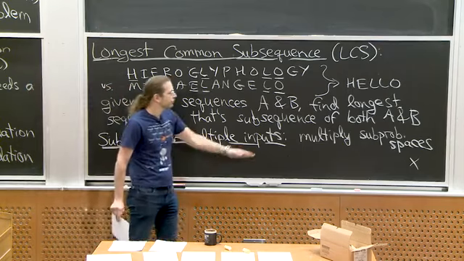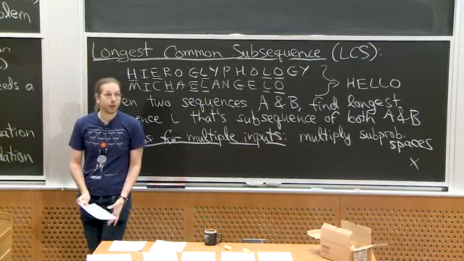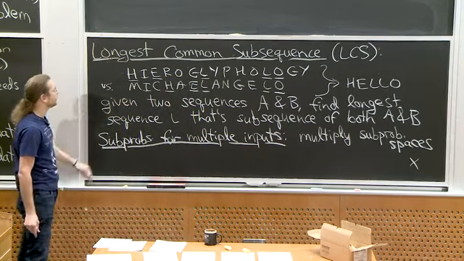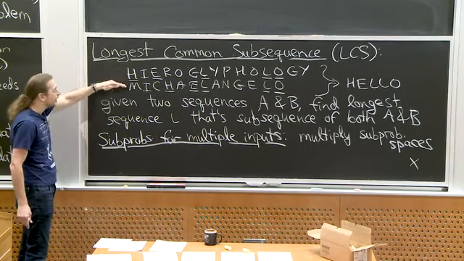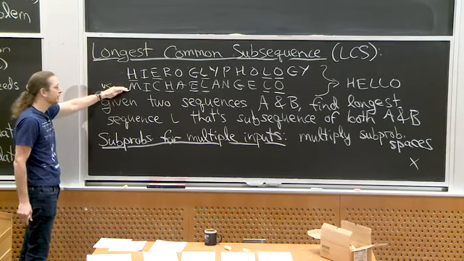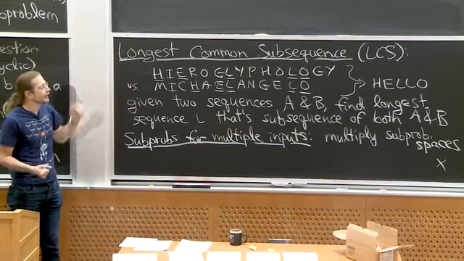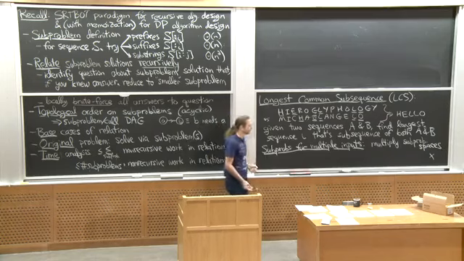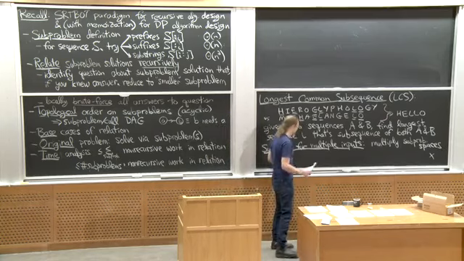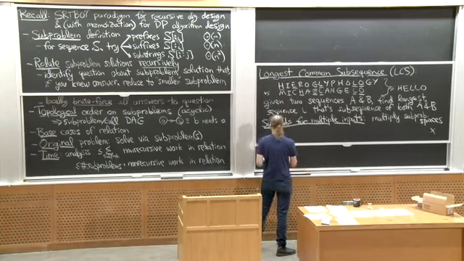And then I want to multiply these spaces, meaning the number of subproblems is going to be the product of the number of suffixes here times the number of suffixes here. In other words, every subproblem in LCS is going to be a pair of suffixes. So let me write that down.